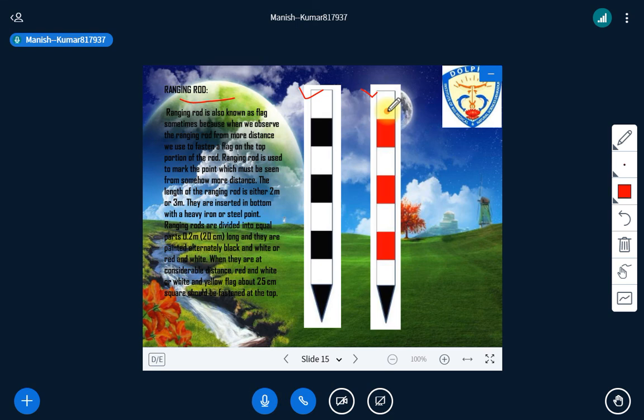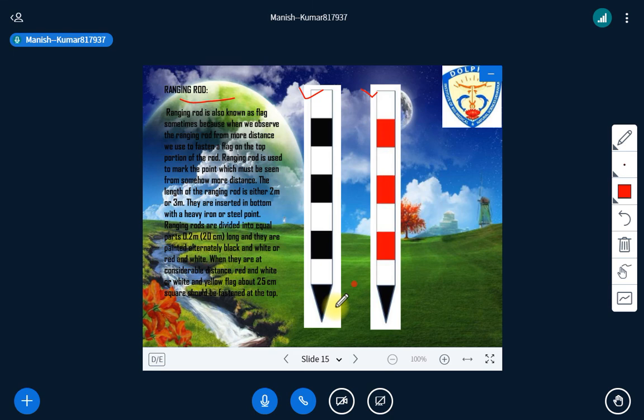So now we understand what this is and the use of this ranging rod. The length is either 2 meter or 3 meter, and since it also has a sharp end, we can easily insert it into the ground. It is made up of iron or steel, with a pointed end.